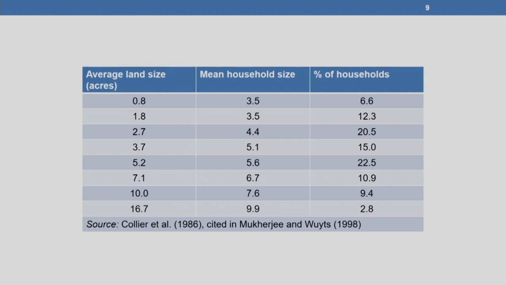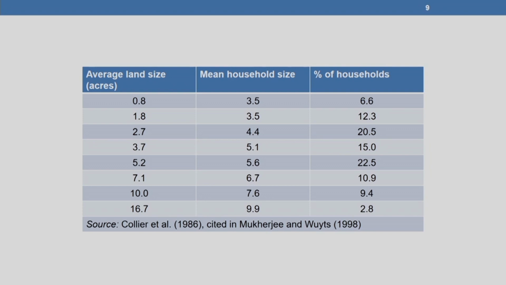The table on your slide deals with a case where evidence supports rival notions equally well. In this table, the relation between average size of land holdings in acres, the first column, and household size for a sample of 600 Tanzanian peasant households in 20 villages is shown.